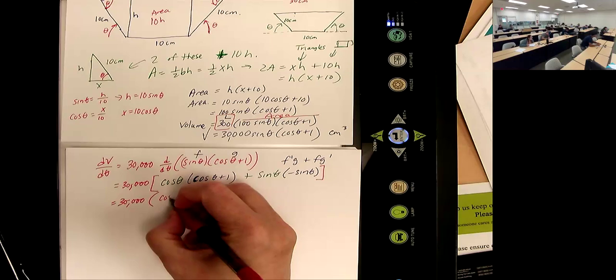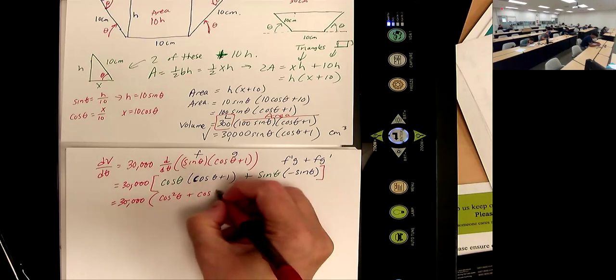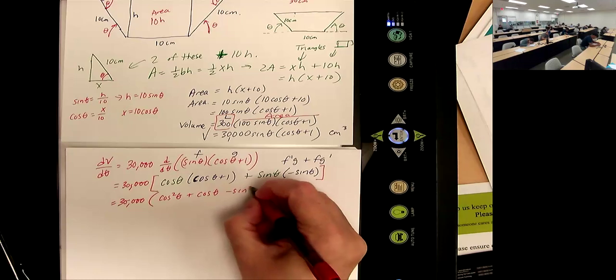I have cosine squared theta plus cosine theta minus sine squared theta.